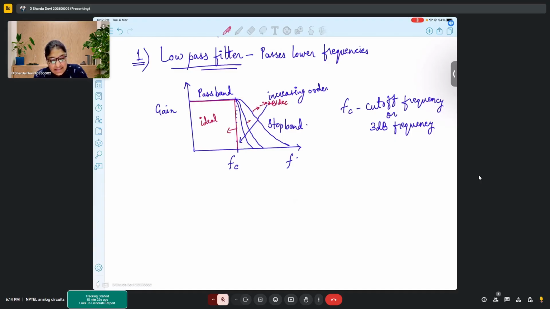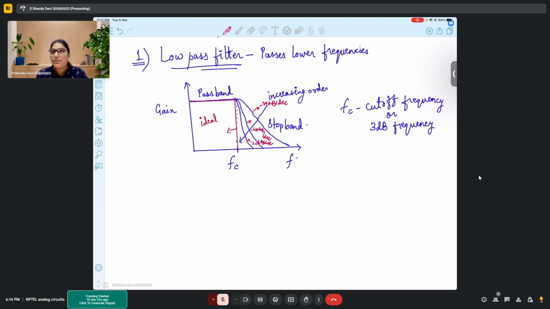So this could be minus 40 dB per decade, and similarly, this could be minus 60 dB per decade. The more poles I add at the given position, the steeper my slope will get and it will approach the ideal behavior. But we can also understand that as we are increasing the number of poles, we are also introducing more components.